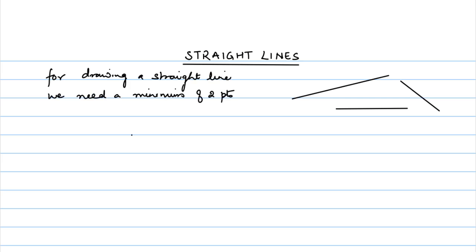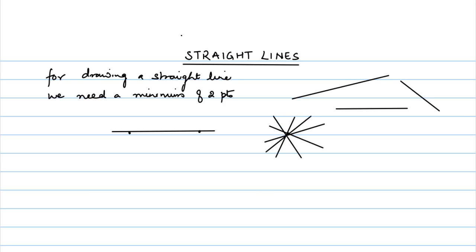That is, if we have 2 points, let's say this point and this point, by joining these 2 points we can definitely get a straight line. If we have only one point, how many straight lines can we draw through it? There will be infinite straight lines that can be drawn through this point.